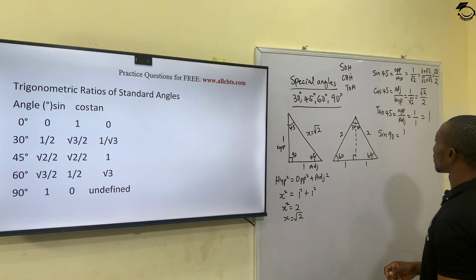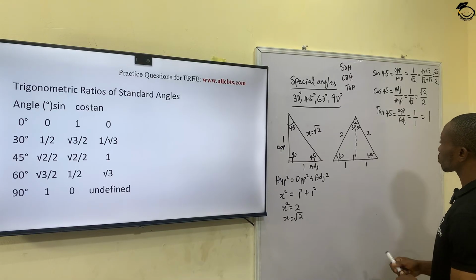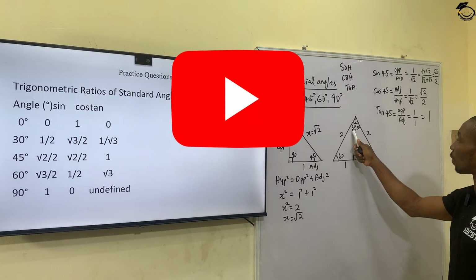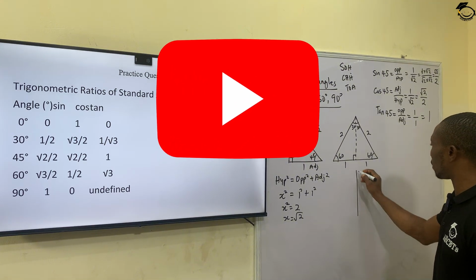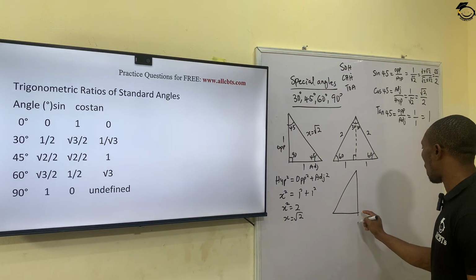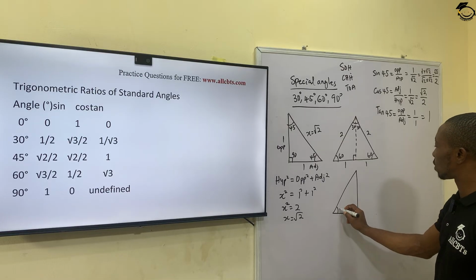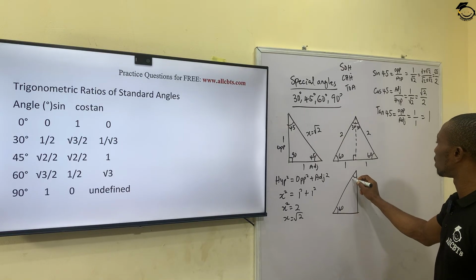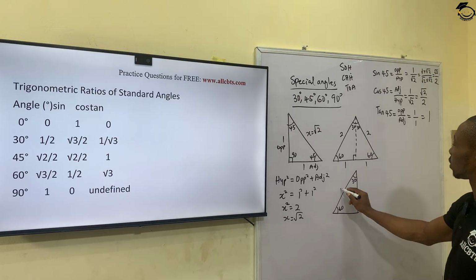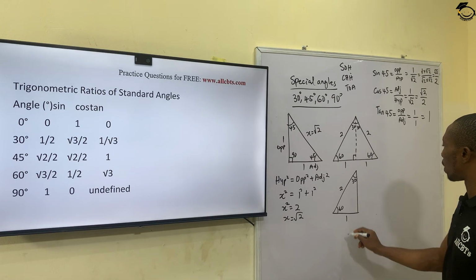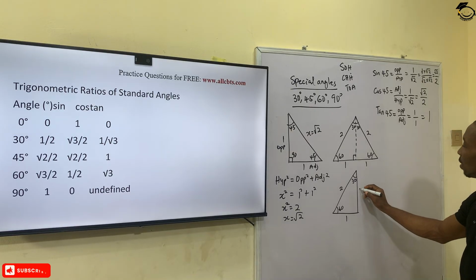All right, now let's look at this other triangle, our equilateral triangle. We have this triangle in this form when divided into 2, with 60 degrees and 30 degrees. Okay, so this is 2, this is 1. So we have to find this.